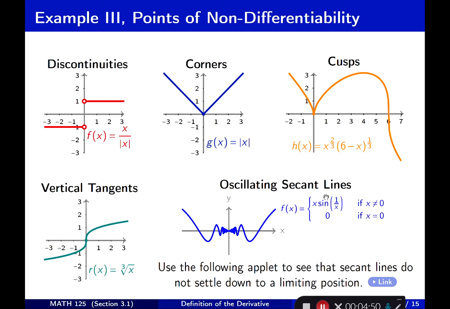Remember, sine of 1 over x itself oscillated too much to have a limit, and x sine of 1 over x has secant lines that oscillate too much for it to have a derivative. If you replace this part by x squared sine of 1 over x, you get a point where you can actually find something that has a derivative.